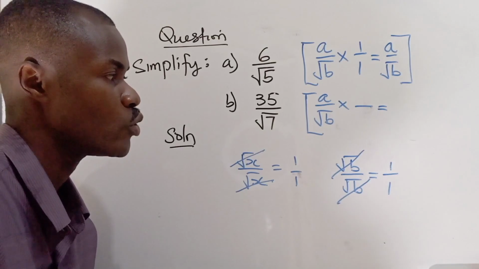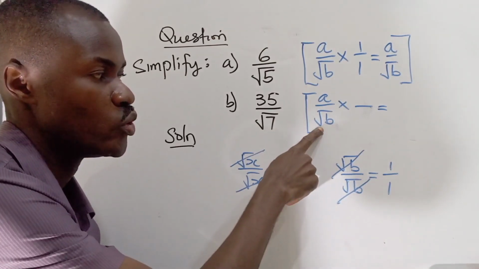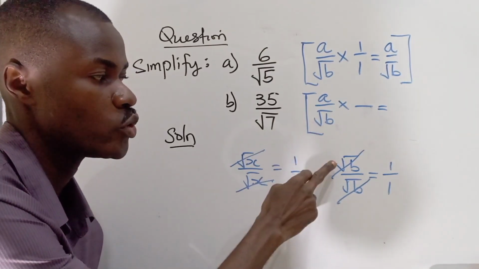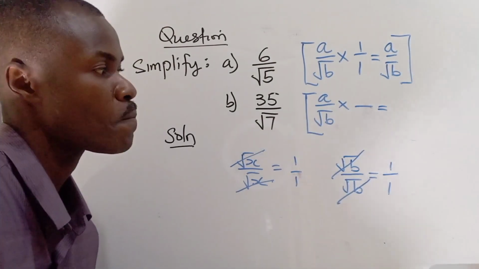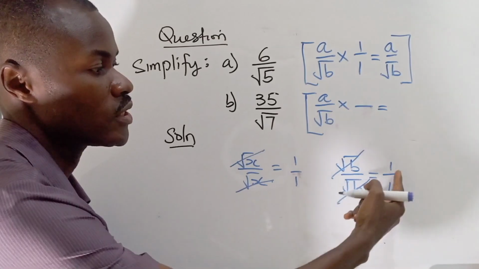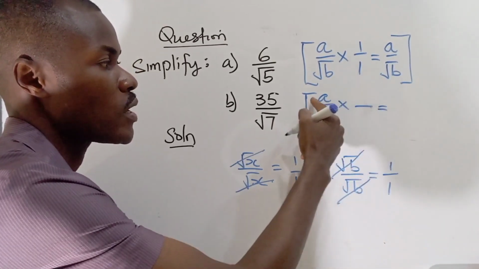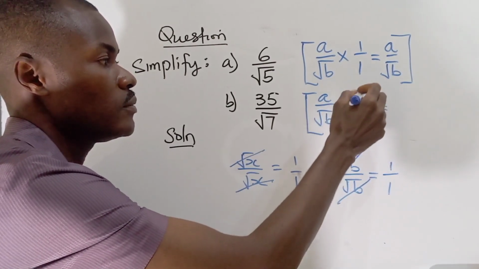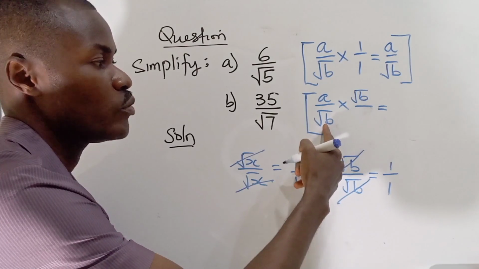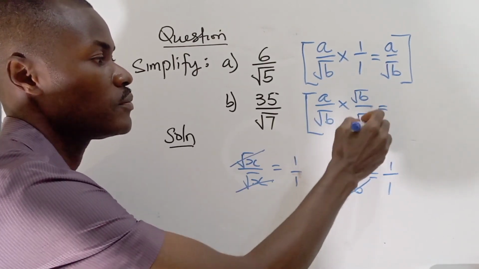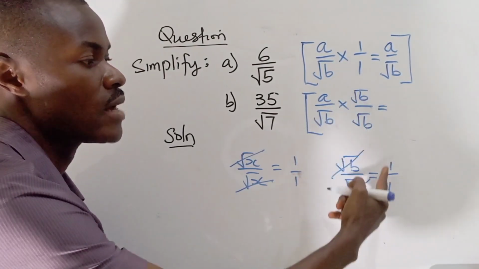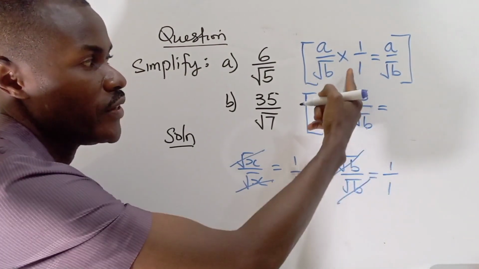So for us to be able to remove this root sign here, we are going to use this, which still represents 1 over 1. So I'm going to say A multiply root B divide root B multiply root B. Remember, if this cancels out, it is 1 over 1, which we have here.